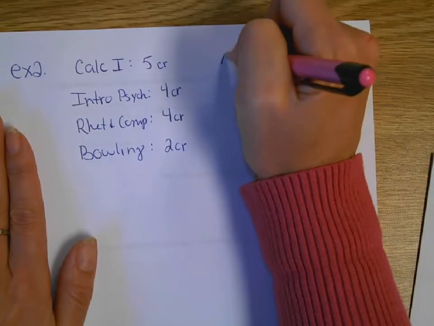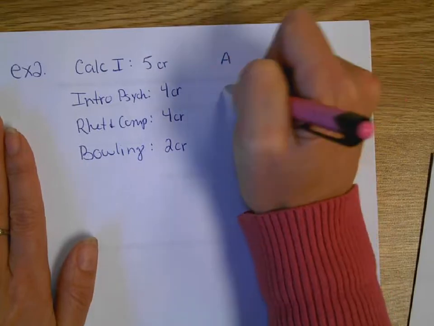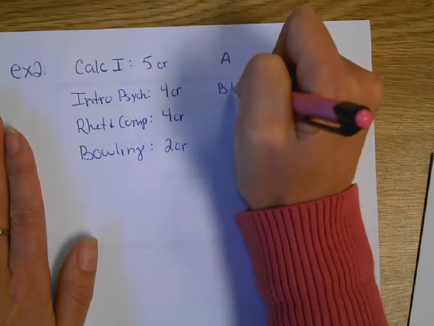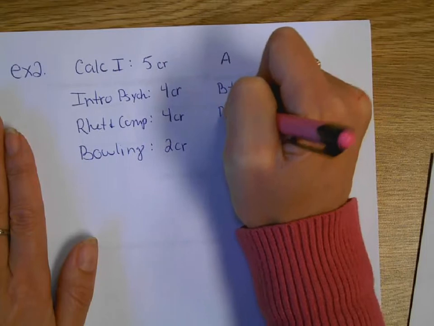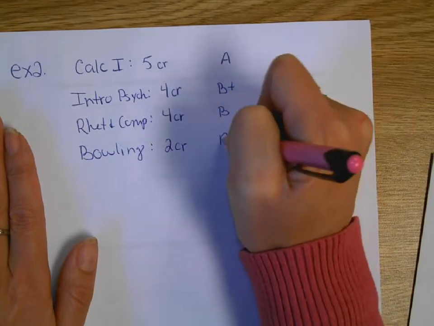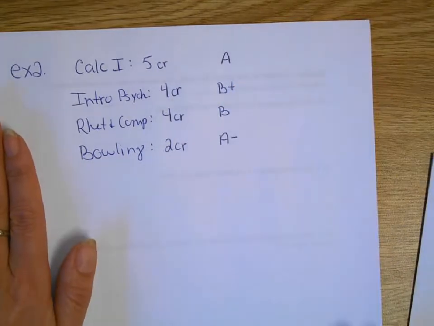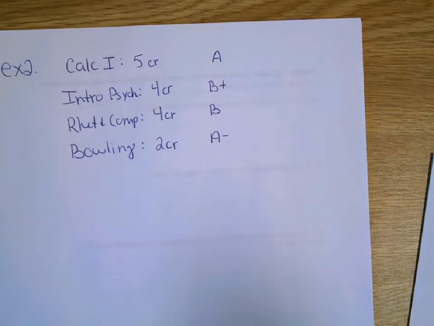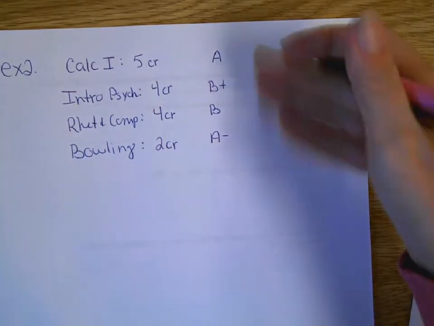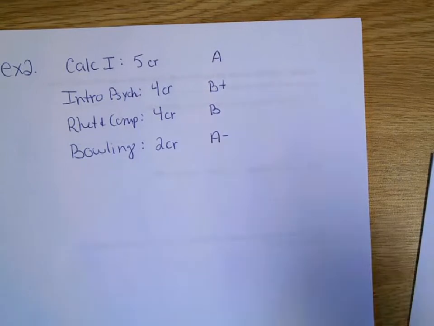Okay, you're smart. We're going to give you an A in Calc, a B plus in Psych, a B in Rhet and Comp, and an A minus in bowling. So we know it's out of a 4-point scale, so we get the point total to represent each one of these letters.